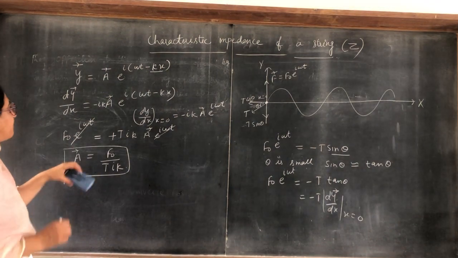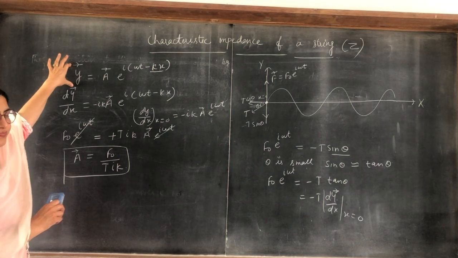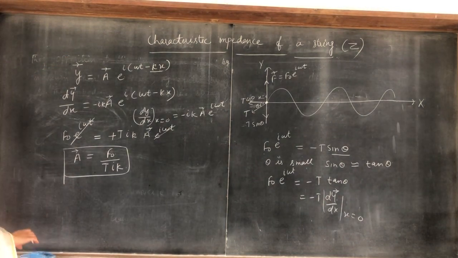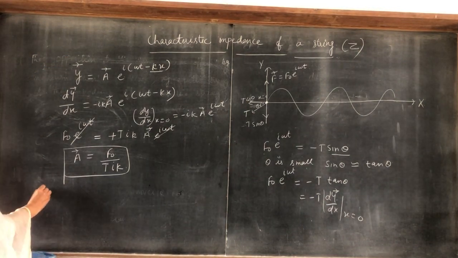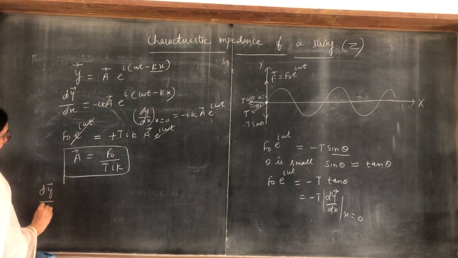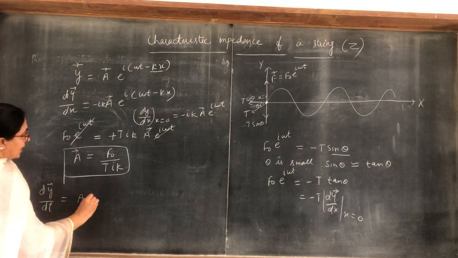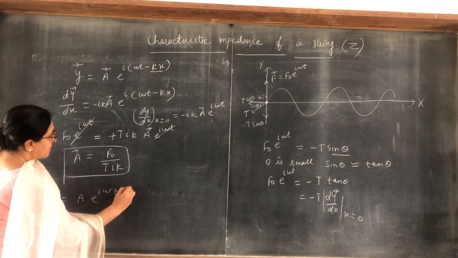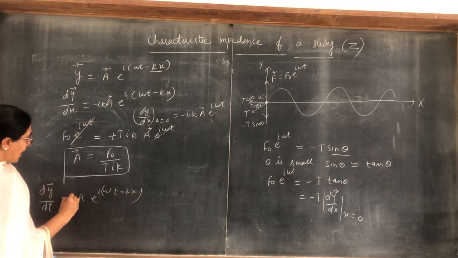Now we differentiate this with respect to t. That will be equal to a e raised to power iota (omega t minus kx) into iota omega.